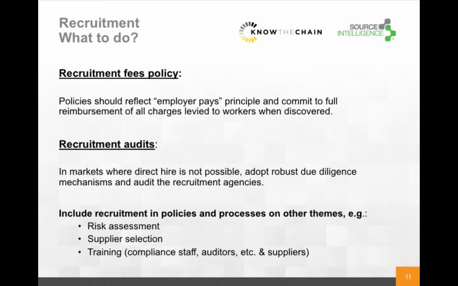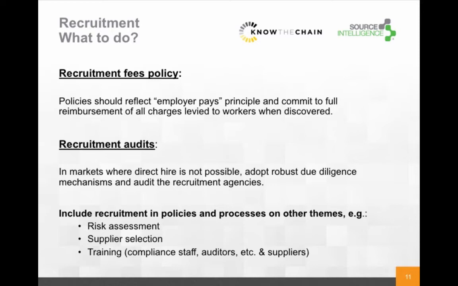The other area that we would encourage companies to consider is auditing of recruiters and recruitment agencies. As these recruiters are known to pose a risk to workers and to companies as it relates to forced labor, we would encourage a company to take steps to audit the actual individuals who are doing the recruitment process.